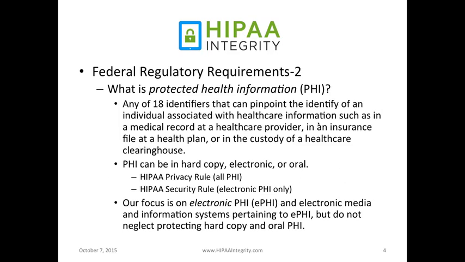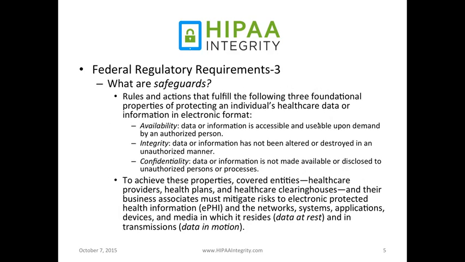PHI can be in hard copy, electronic, or oral. The HIPAA privacy rule covers all three of those. The HIPAA security rule, which we're going to concentrate on, really covers only electronic PHI, and the electronic media and systems that contain that PHI.